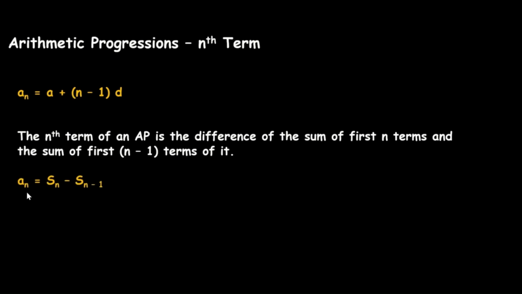So an, the nth term, can also be calculated as the sum of the first n terms minus the sum of n minus 1 terms of the arithmetic progression. So there are two formulas to calculate the nth term of an arithmetic progression. Depending on the question given to us, we can use either of them, whichever suits.